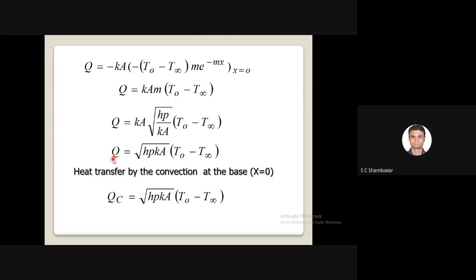It will be the same only when, which is the condition we are taking? Infinitely long fin.